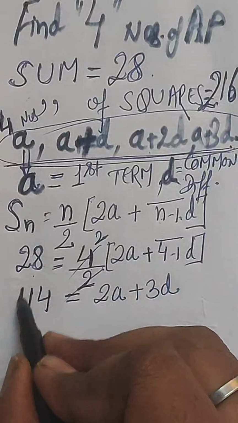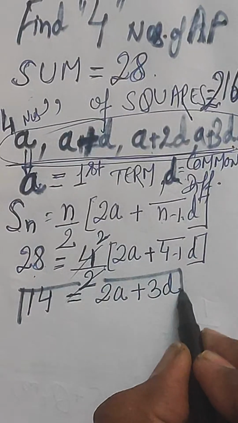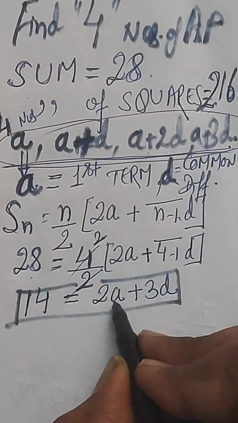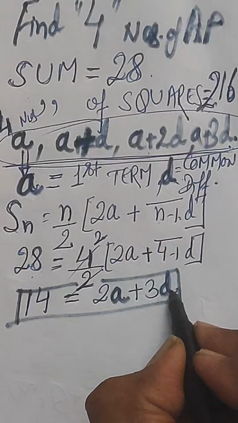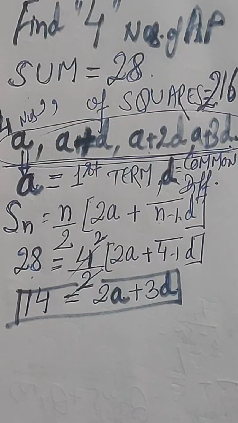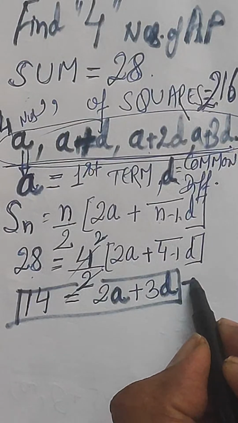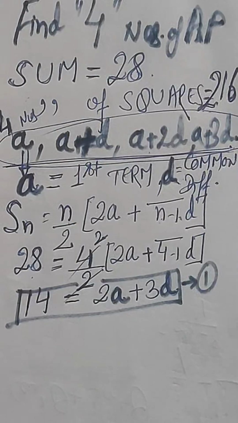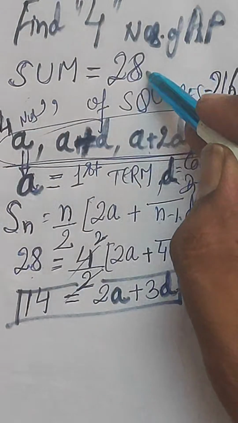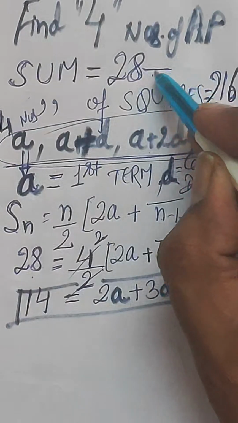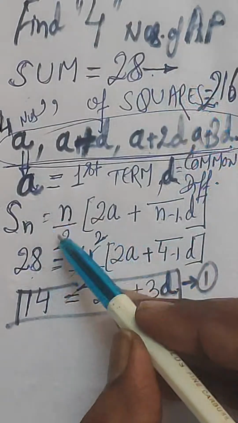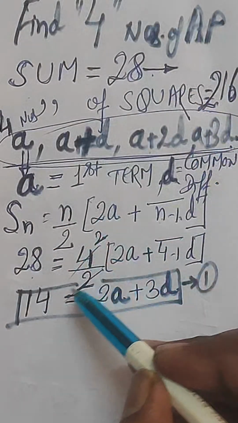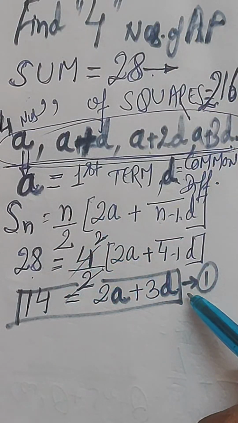This is one of the equations derived, having the variables a and d. This is equation number 1. We have used the relation that the sum of n terms of the AP is 28.